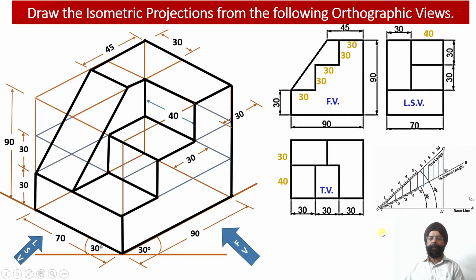So this is the complete construction of the isometric projections of the solid when the orthographic views of the solid, that is the front view, the top view, and the left hand side view of the solid, were provided to us, right?